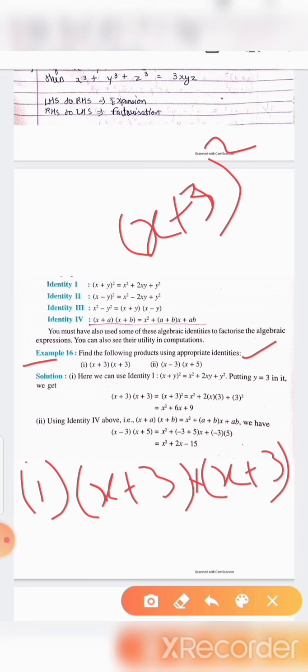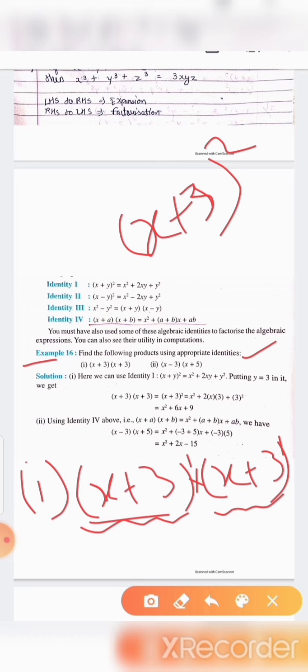In multiplication the powers are added, so x plus 3 two times, we write (x plus 3) whole square.